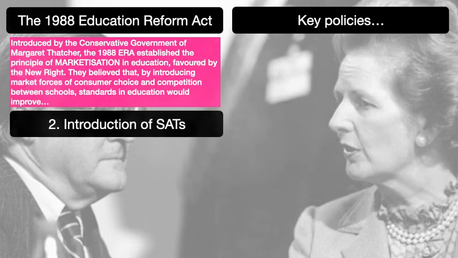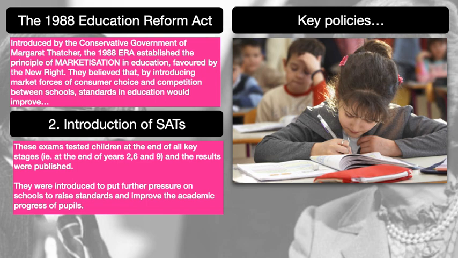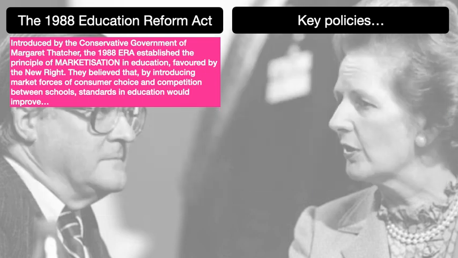A second policy was to introduce SATs. These were exams testing children at the end of all of the key stages, so in other words at the end of years 2, 6 and 9, as well as their formal qualifications, and the results would be published. They were introduced to put further pressure on schools to raise standards and improve academic progress of pupils.